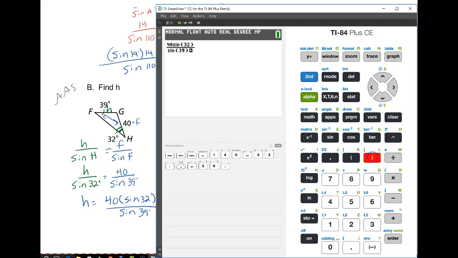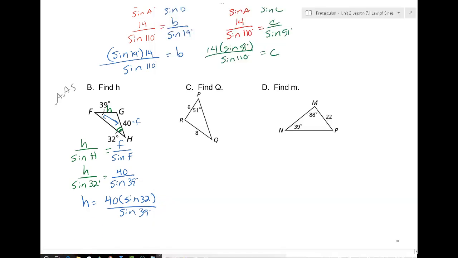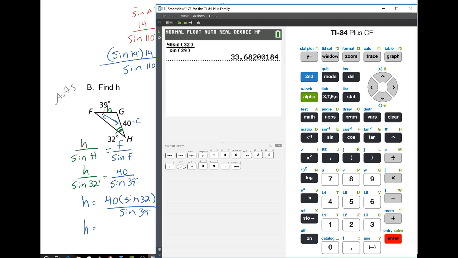Now I'm nervous because I didn't check to see what mode I was in. Oh, it says we're in degree mode on top, so good. And what do we get for our answer for the side length? So H is going to be, oh, what do we have here? Sorry, got to check to see what it was.